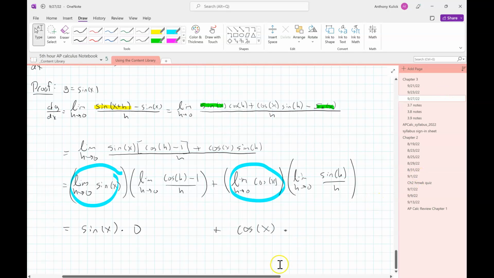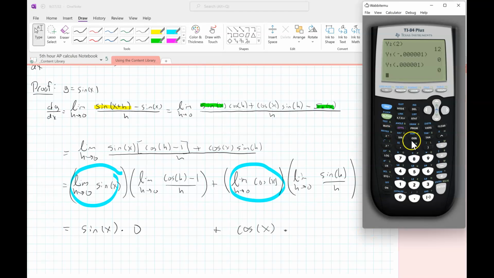Now let's do this other limit. Oops, I wanted y2. Try that one more time.